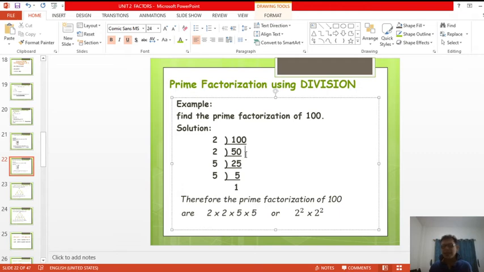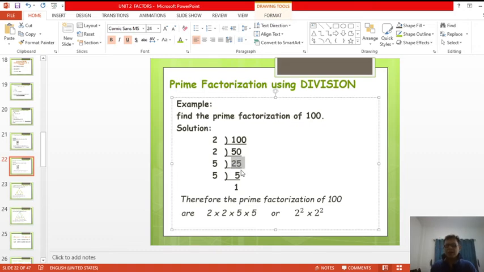So what's the next number then? Can I use 2 again? Yes, why not? Use the least value of prime number, and that is 2, the smallest prime number. So 50 divided by 2, yes, I can use that. The answer is 25.